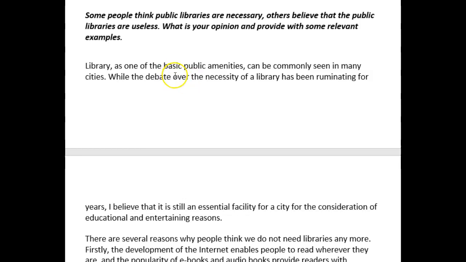If you want to make it sound like even you can see the complexity of this, go for an easy fix. Let's say, "While it is true that libraries may seem less necessary today, on the whole, I believe it is still an essential facility." So this way it looks like the whole thing is your opinion. Yes, I understand it seems less necessary. That's true, but it is necessary on the whole.